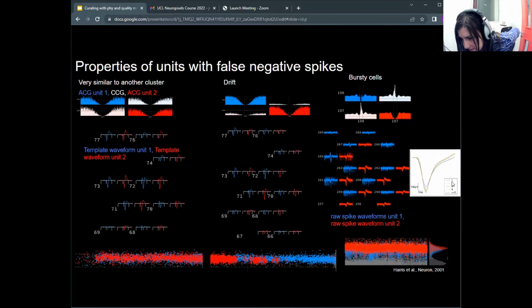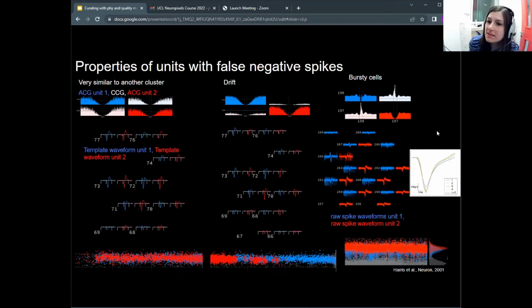And you can see the amplitude changes as you progress along the burst. So if you have a burst of, say, 5 spikes that are really close to each other, the amplitude of that unit will change, which means that very often these are wrongly classified by spike sorting algorithms into different units that you need to then merge back together into one unit.